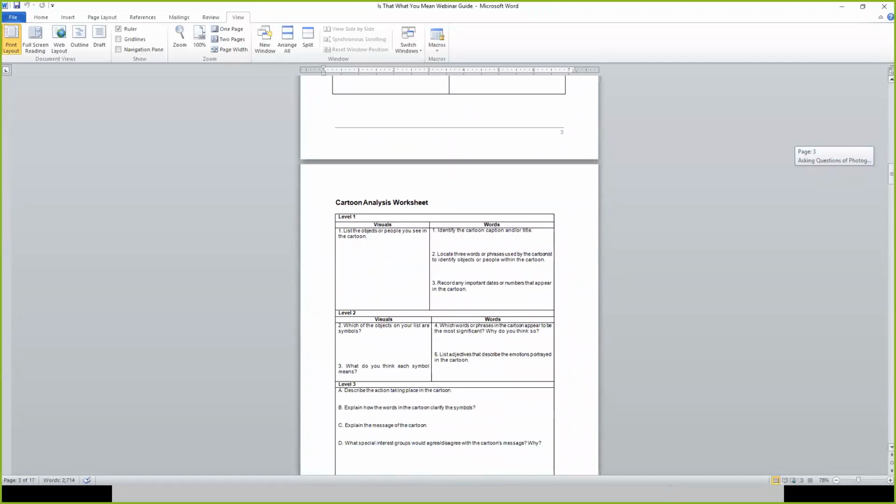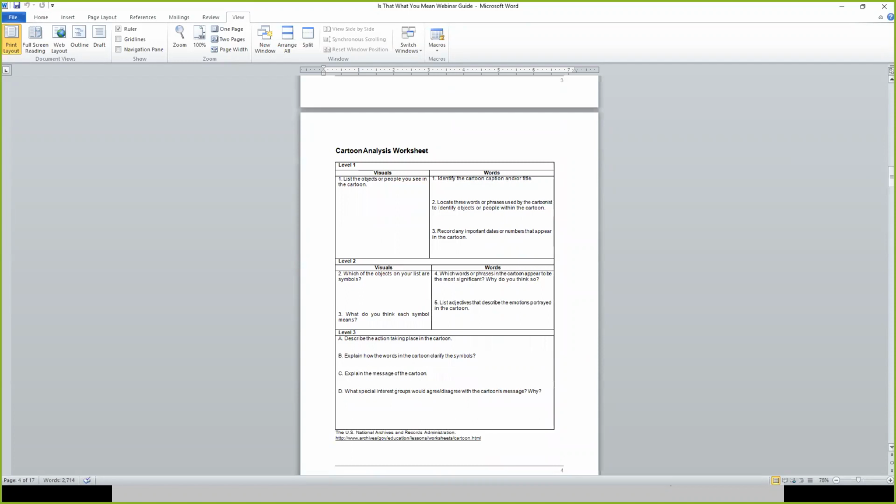We've also provided you with a more complex cartoon analysis worksheet. Again, it's got more questions for students to really more deeply analyze a cartoon. Susan and I would start at the ABE ESOL level with the questions that we used in the PowerPoint. But at a GED prep level, students should be able to answer these questions, and you'll notice that it does come from the National Archives.